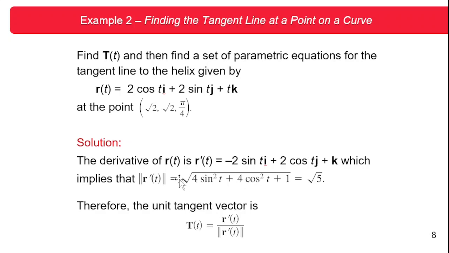Now you factor out 4, and the remaining terms, sine squared t and cosine squared t, when added is 1 times 4. So you have 4, plus 1, so we have a square root of 5. So the length of the first derivative of r(t) is the square root of 5. So therefore, the unit tangent vector is the derivative, r'(t), over the length of r'(t).